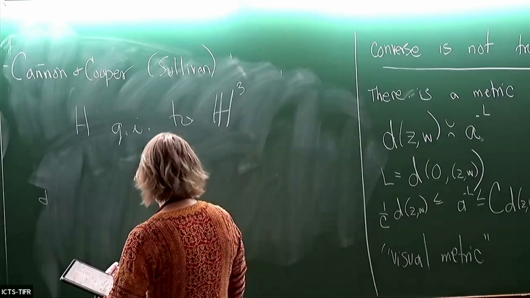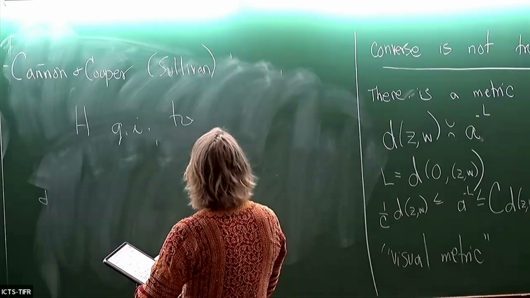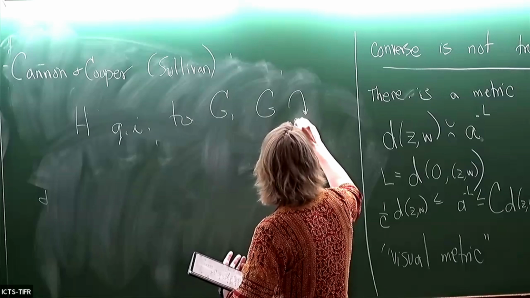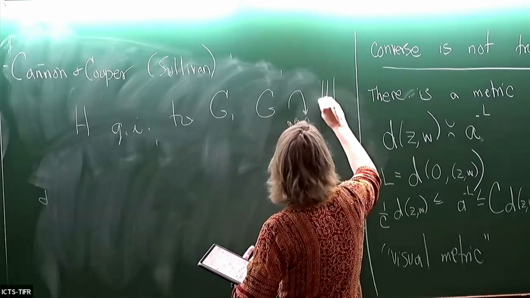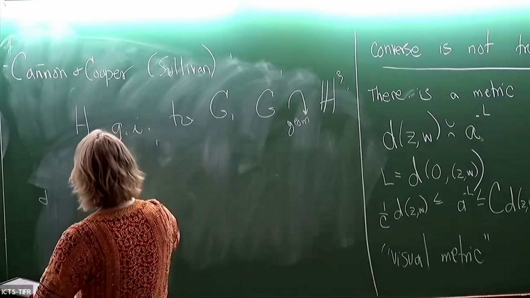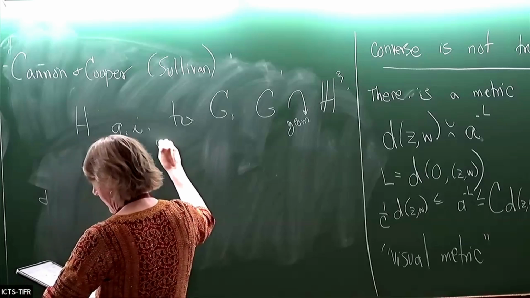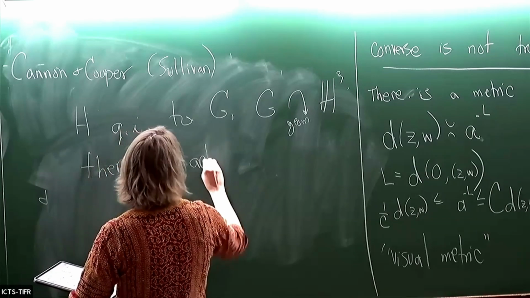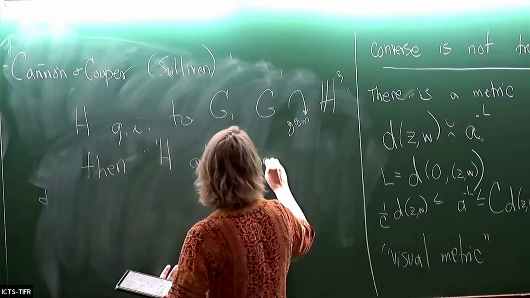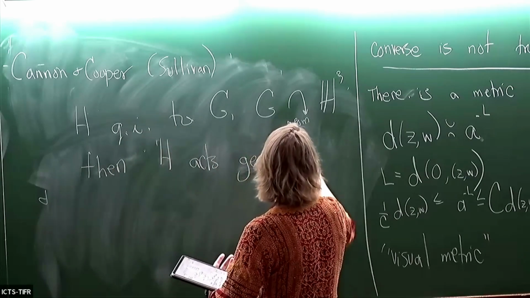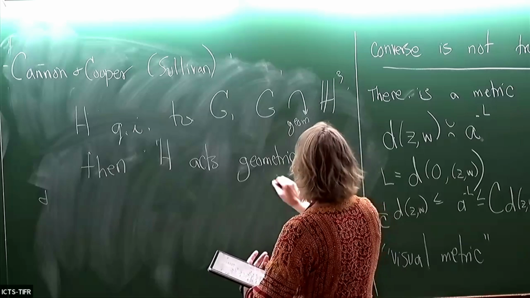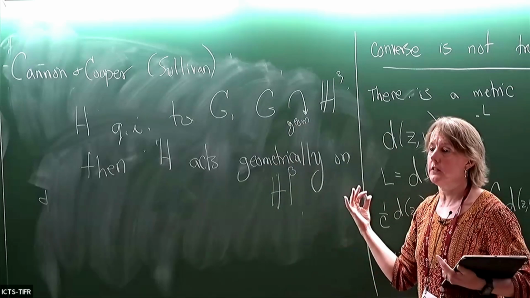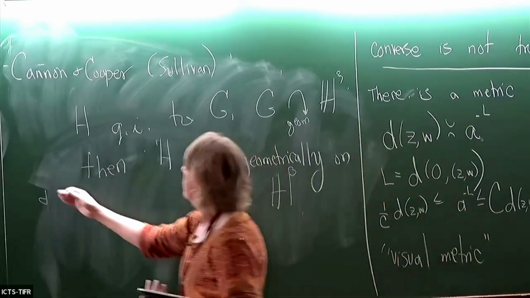So why don't I just say QI to G, G acts geometrically on H3, okay. Then H acts geometrically on H3. So then I can say acting geometrically on H3 is a QI invariant.